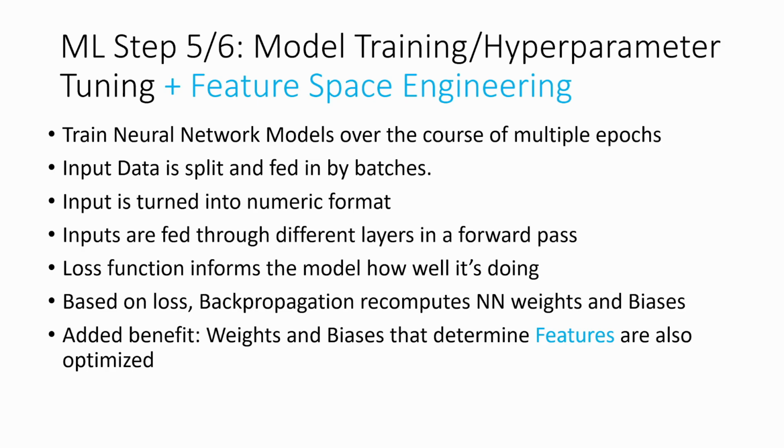Our loss function informs the model on how well it's doing, and based on this loss, backpropagation recomputes the network's weights and biases. And our added benefit of doing deep learning is that the weights and biases that end up determining our features are also optimized for this training problem.